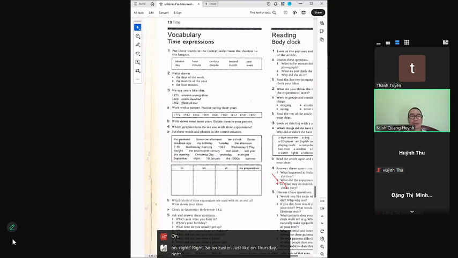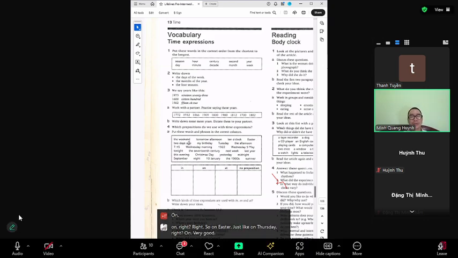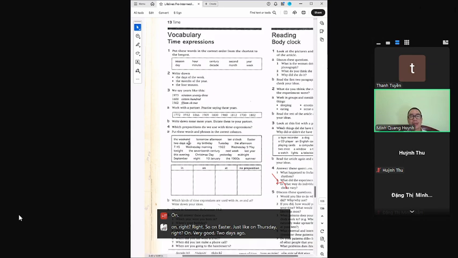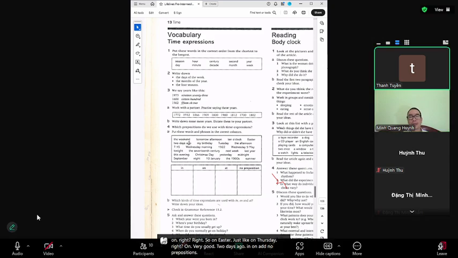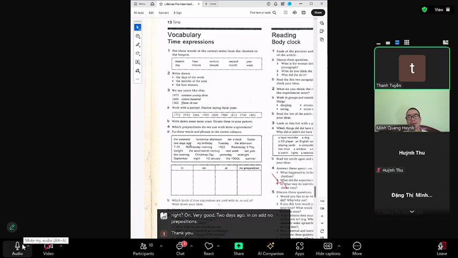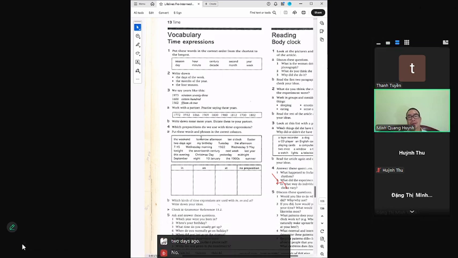On, very good. 2 days ago: in, on, at, no preposition? No preposition. Okay, when you see ago, there is no preposition needed.